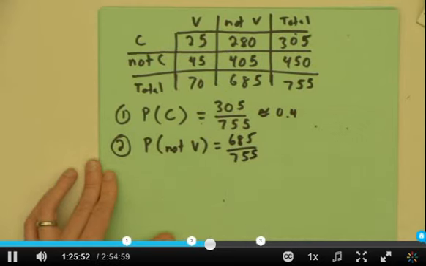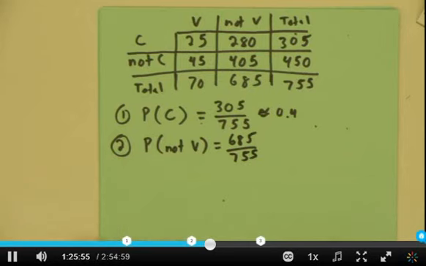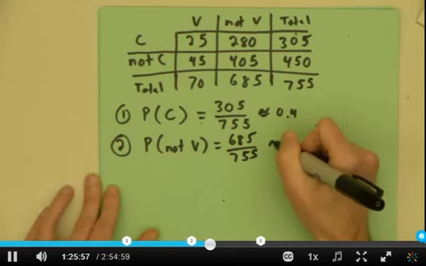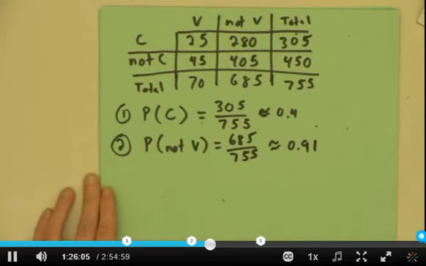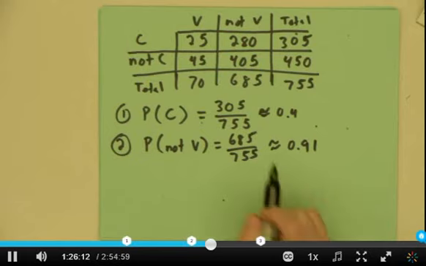Excellent. So that's going to be most of them. 70 out of the 755 had a speeding violation. It's more like 0.91-ish. Again, I'm just estimating, so plug it in the calculator to find the exact value. But that's the idea. I can read it off here and compare it to the total.